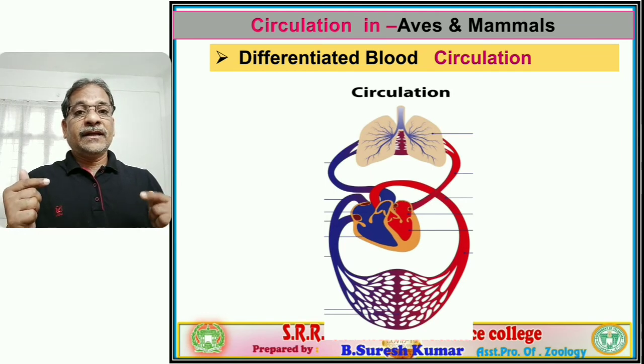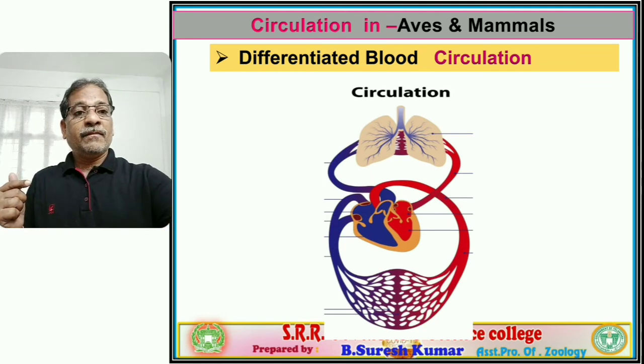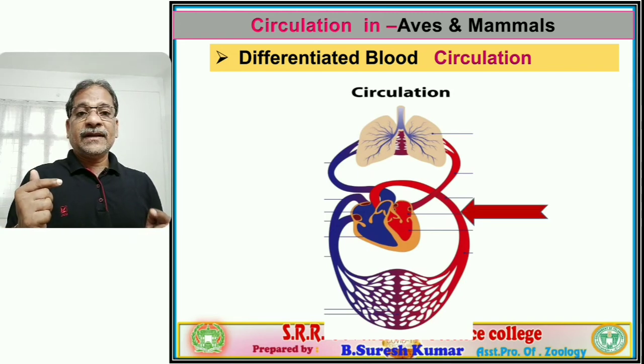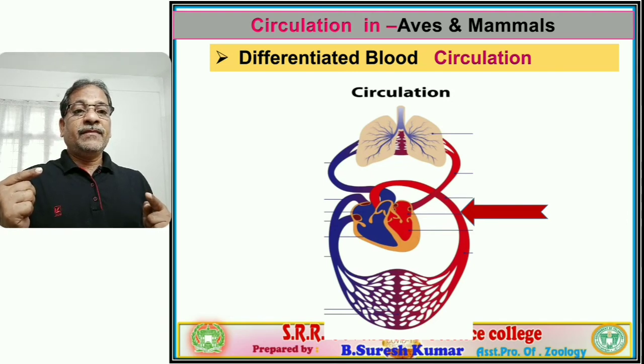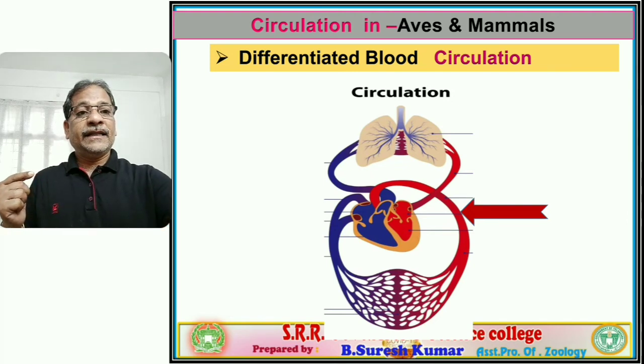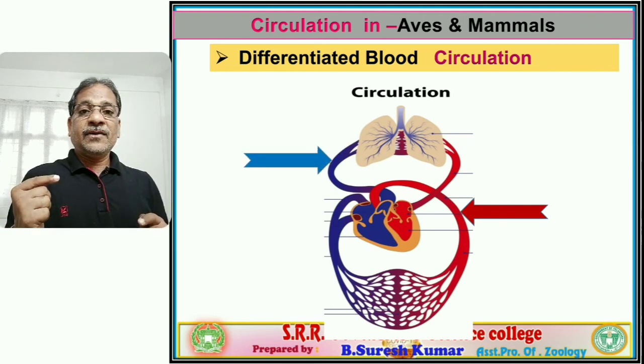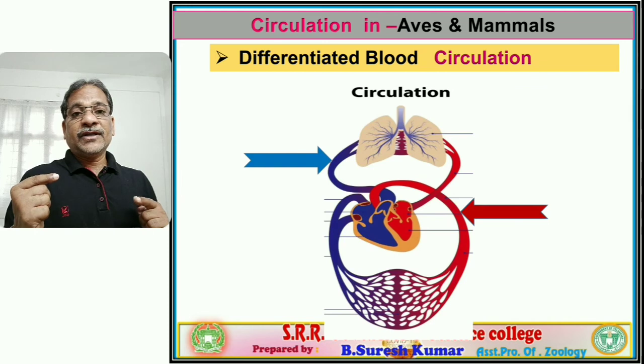Systemic circulation pumps the blood to body parts. Let us see. This arrow represents systemic circulation that is going to pump the blood to the body parts, and then pulmonary circuit circulation. You observe this arrow, it represents pulmonary circuit circulation.